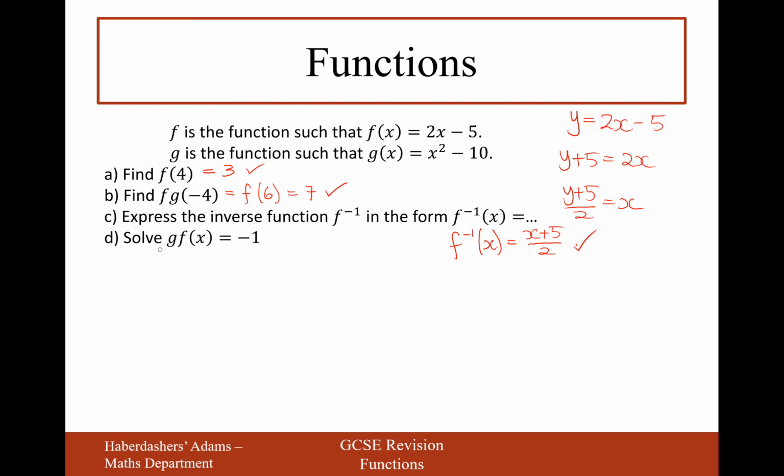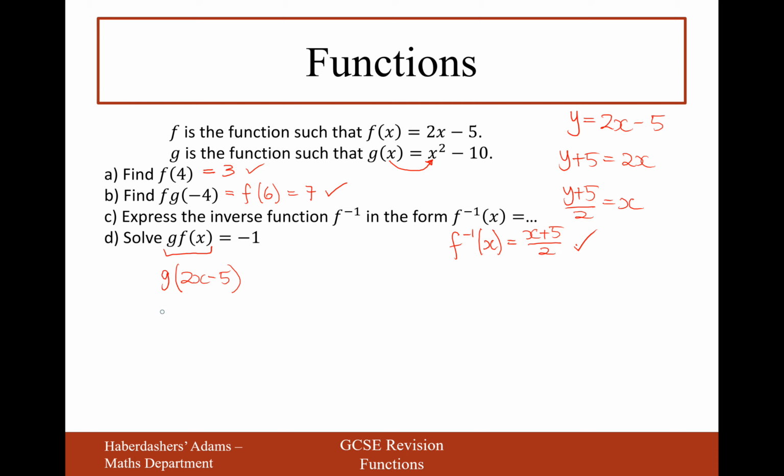Moving on to part D, solve gf of x equals minus 1. So for this question we're going to need to make the function gf of x. This is the function that will do the f function first, then the g function second. So what's the f function? The f function is 2x minus 5. And then we need to do the g function to this thing here. Now what that means is take whatever's in the bracket and replace it for x in the g function.